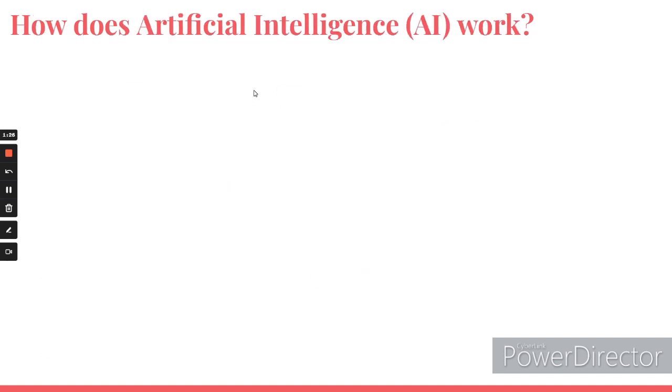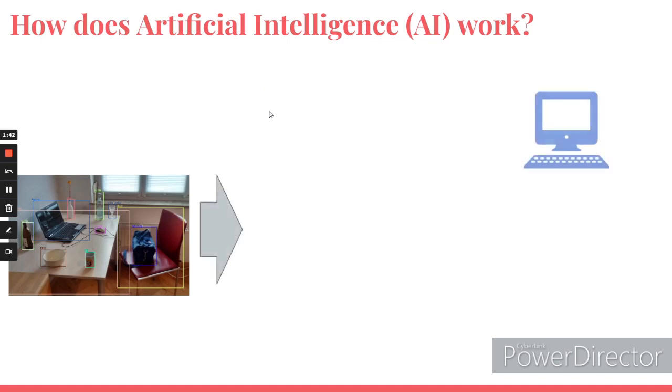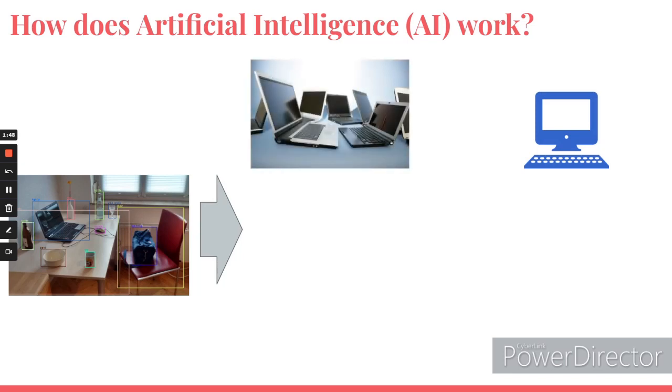Okay, let's take a look at the same image which consists of a laptop, chair, bowl, mugs, etc. As we have seen earlier, in order to give intelligence to a machine, it needs to be trained. Now, let's take a look at how we train the machines. All we want to do is identify objects.